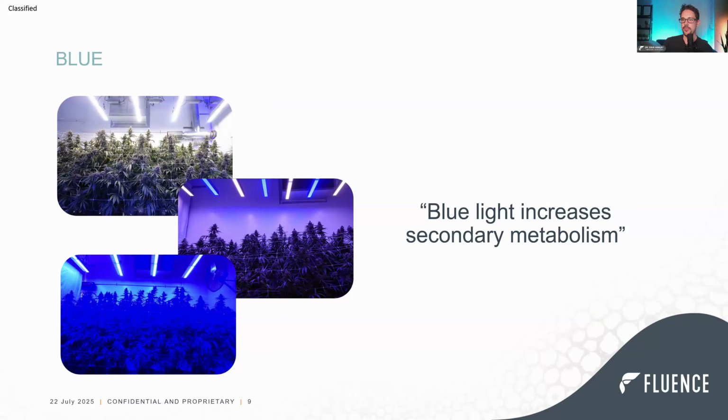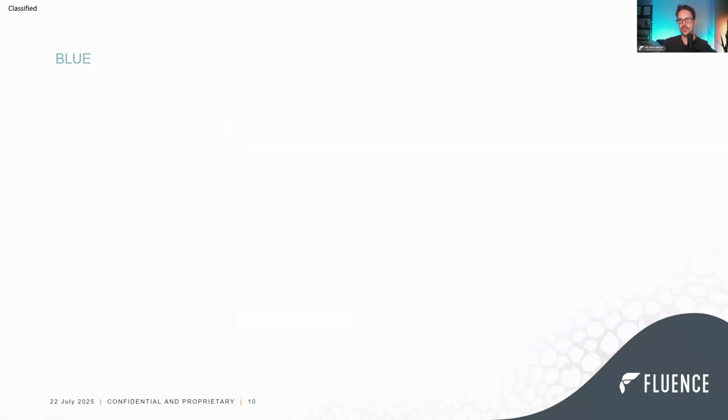So again, I hate to just sit here and say, well, this didn't work and that didn't work. So let me dive a little bit deeper and share a little bit of the biochemistry of cannabis so that you can better understand maybe why blue isn't as impactful as we might hope. So in simplest terms, here is an overview of how plant metabolism works, right? You take some light, you take some CO2, you take some water, and those things go together to make sugar.